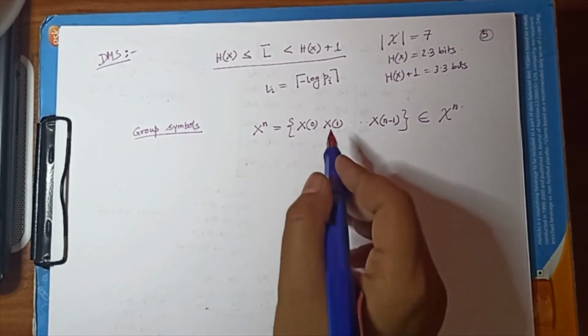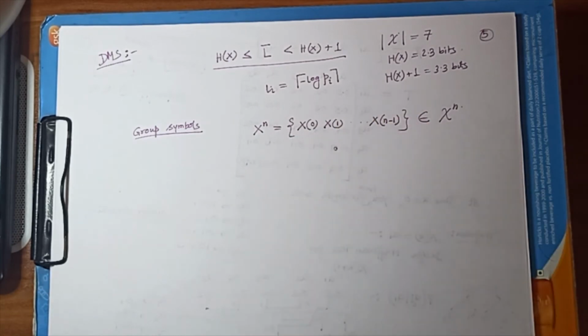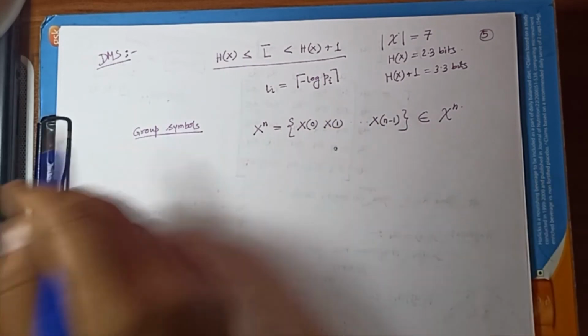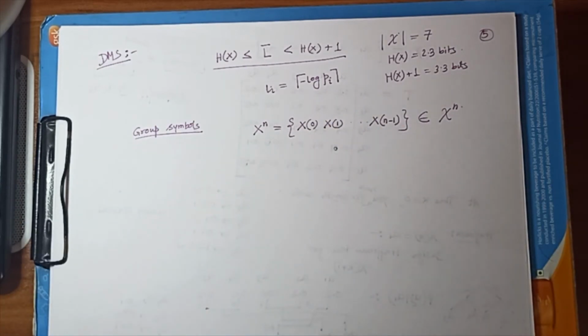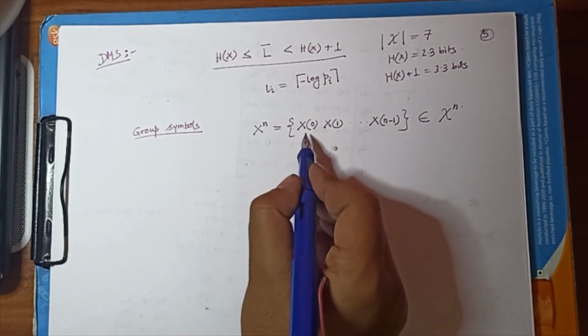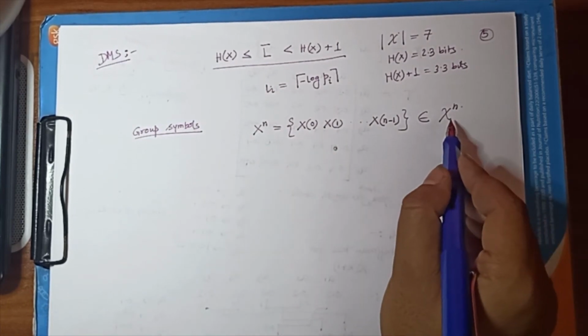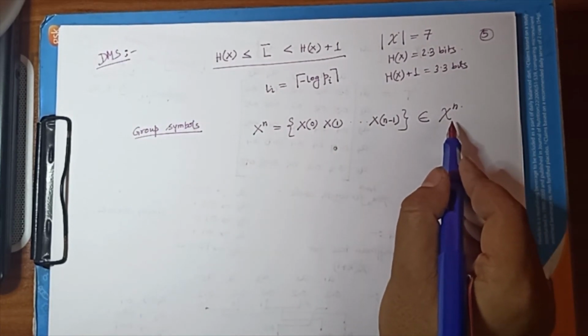So how many choices does this particular vector have? What is the cardinality of this vector space? Every random variable can assume one of the values from the alphabet.